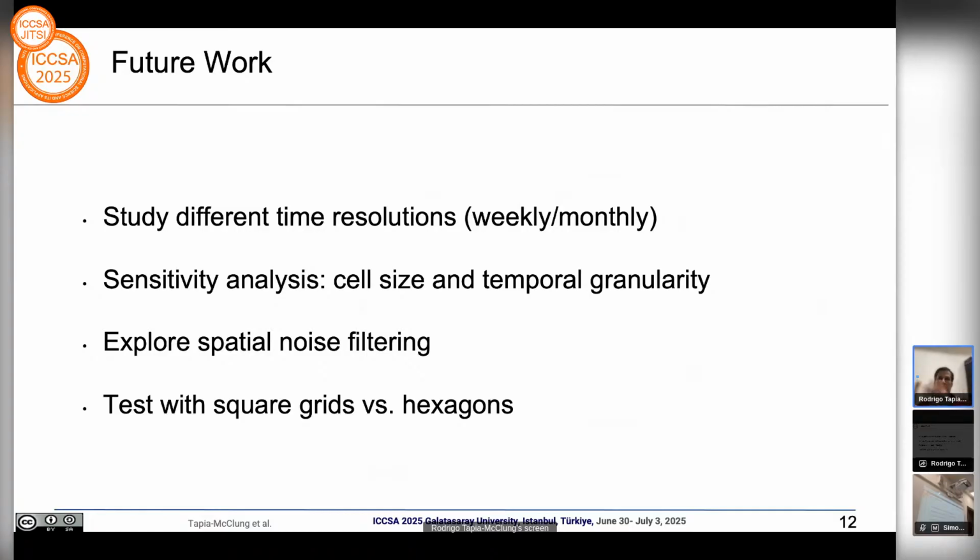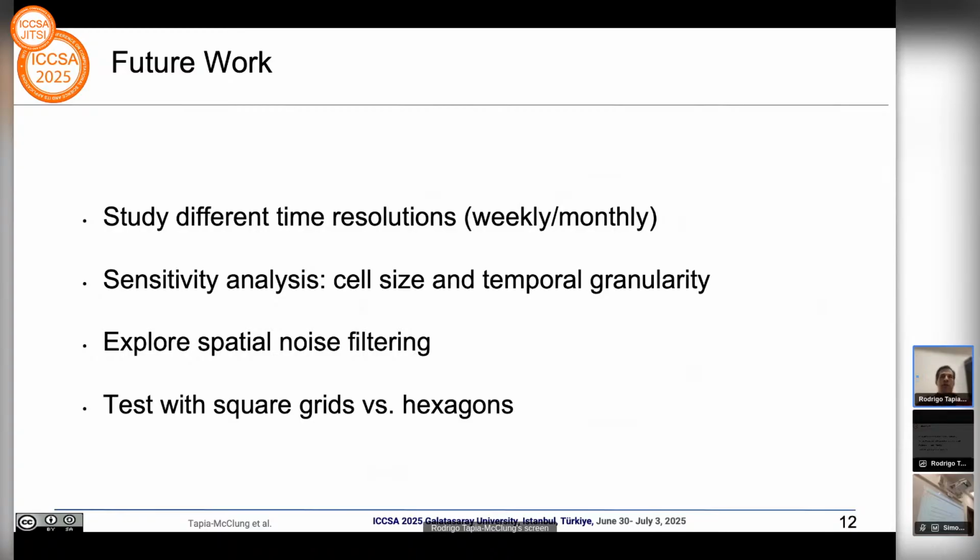So we are shifting our study from hexagon cells to square grids of different sizes to see how that impacts our results. And also, when we use very small cells, our maps show spatial noise.